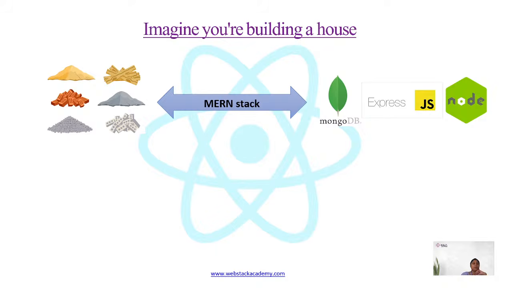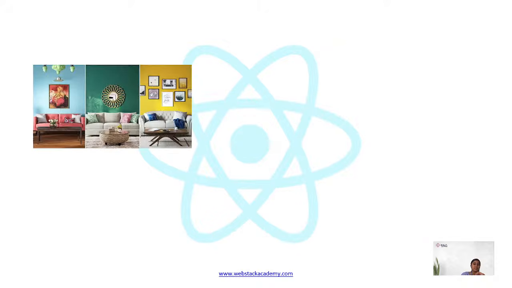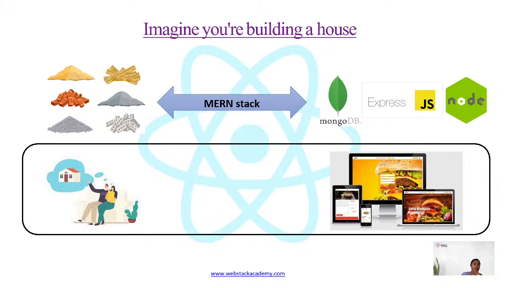Okay, now you will ask me, you can ask me, where is React? Right? Where is React? Now see, React is what user will see, what I will see when my whole house will be built, right? React here is the user interface.